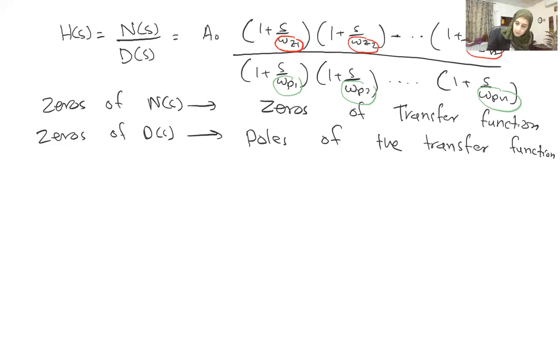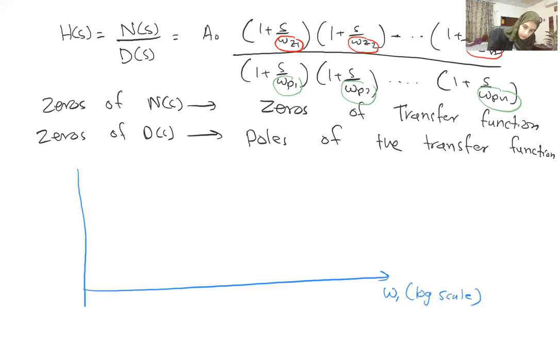Okay, so once we know that from the transfer function, we can draw the magnitude here in the log scale. And here the magnitude of H of j omega, this is in dB, the axis.